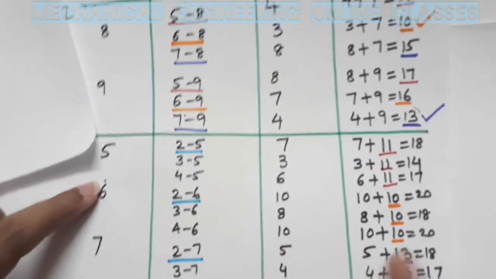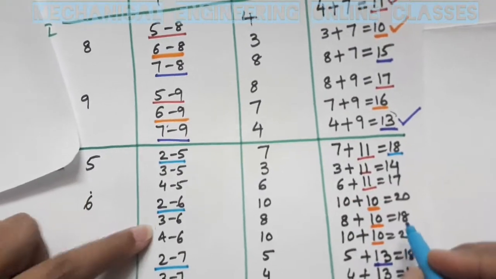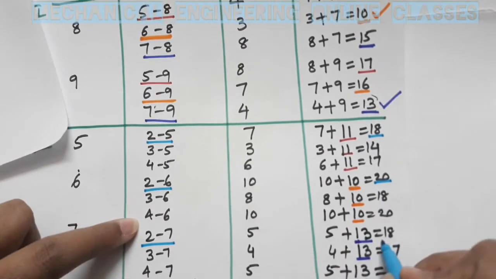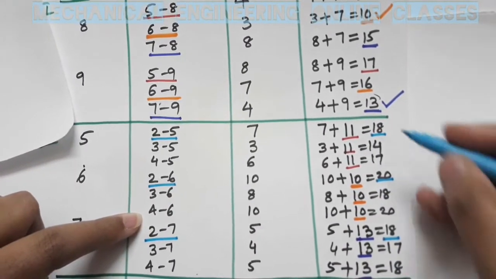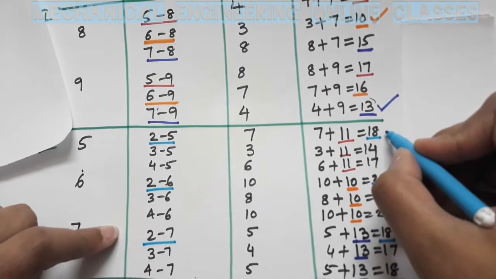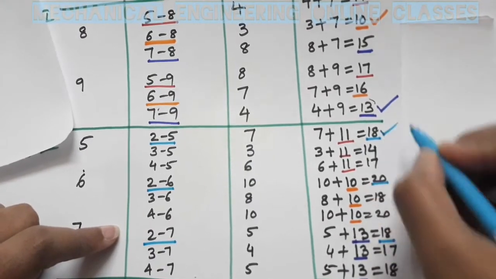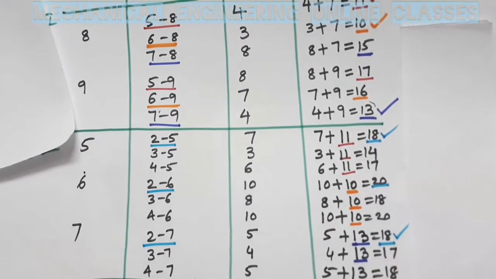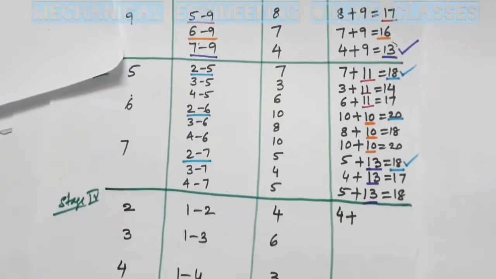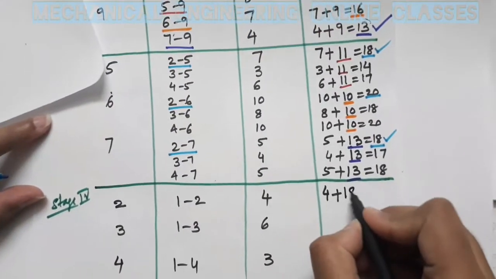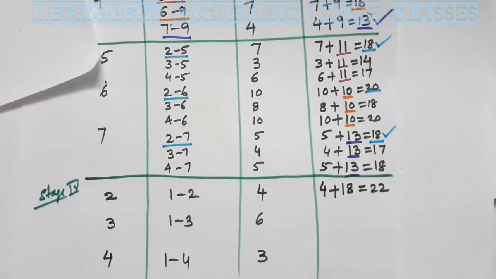Of which the total distance is coming out to be 18, 20 and 18. So of these three things, the minimum is 18, that is coming twice here. So the minimum is 18. So the total distance is 22.